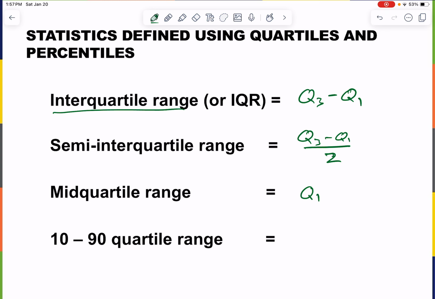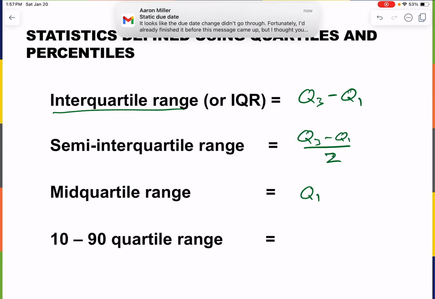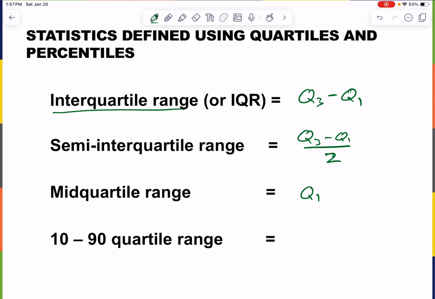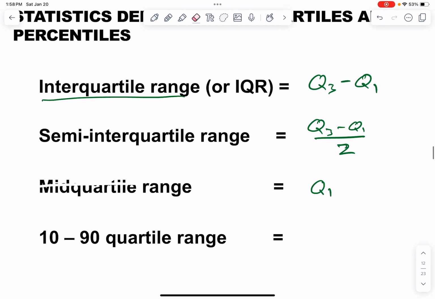Mid-quartile range. Oh, yeah. Okay, that's right. All right. So the mid-quartile range is similar to, well, let's not worry about that right now.